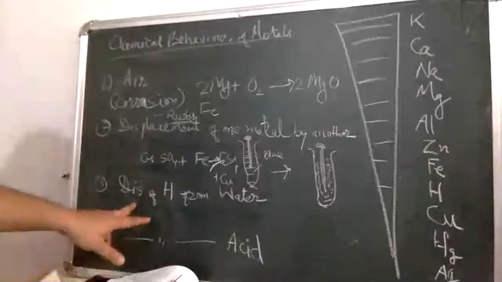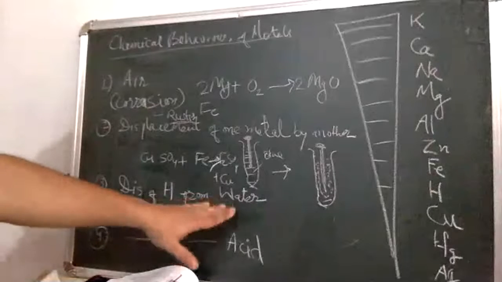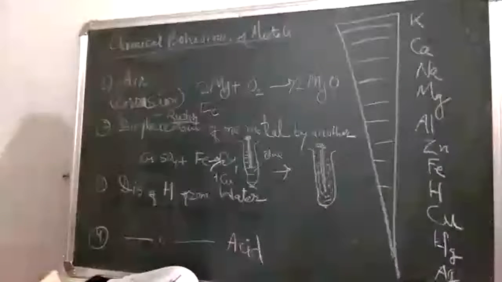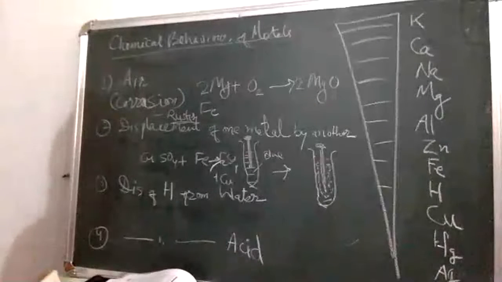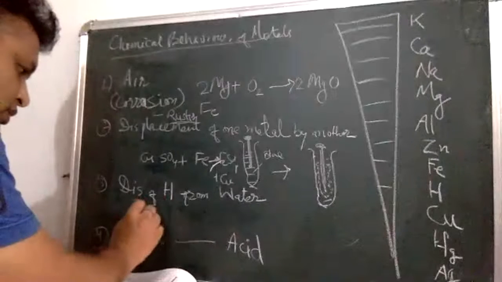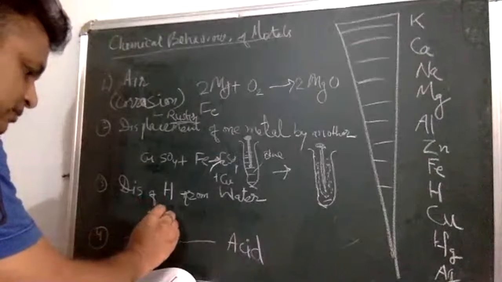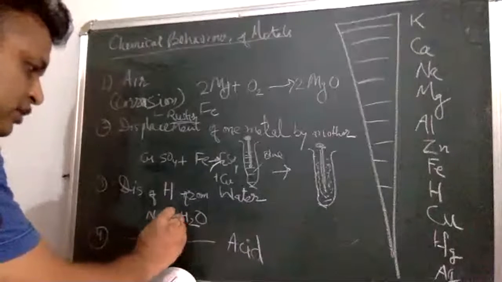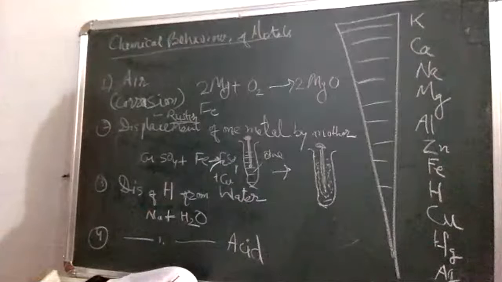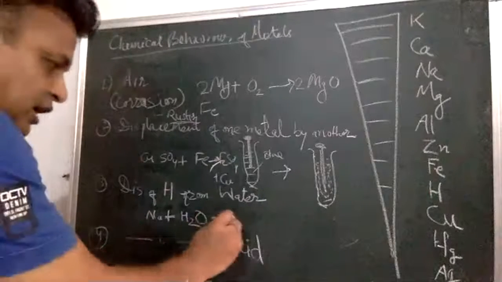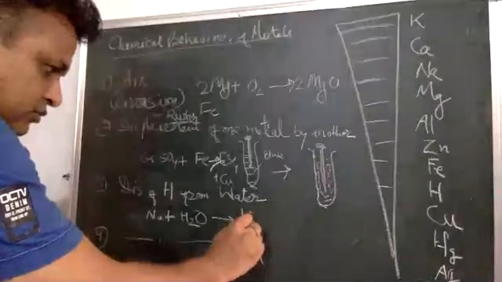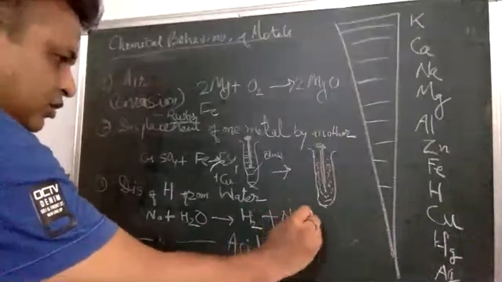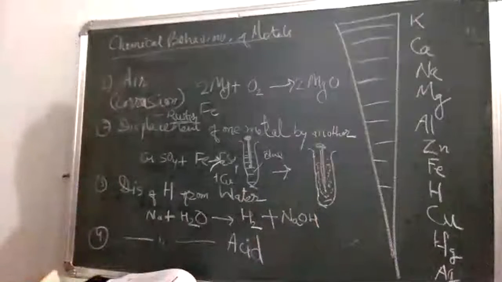Now we'll see displacement of hydrogen from water and displacement of hydrogen from acid. Take one example: if you take sodium and put the sodium into water, what will happen? In this case, hydrogen will be separated out and sodium hydroxide will remain.